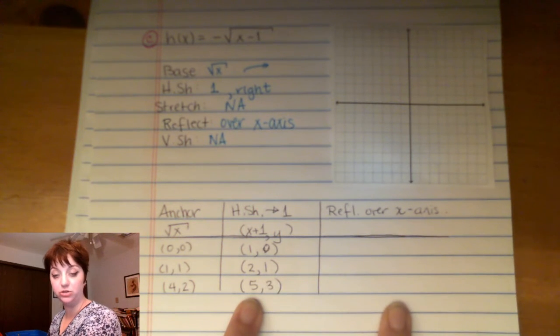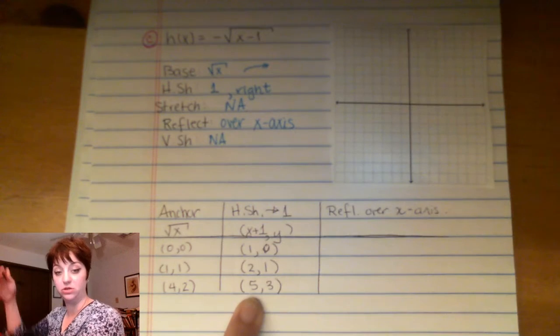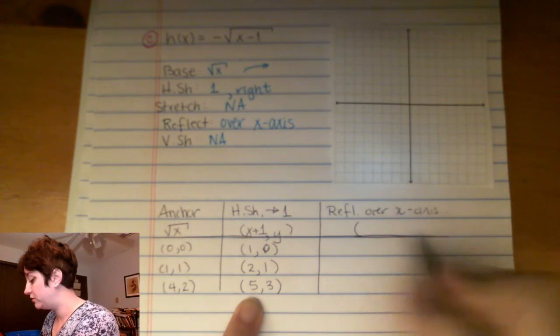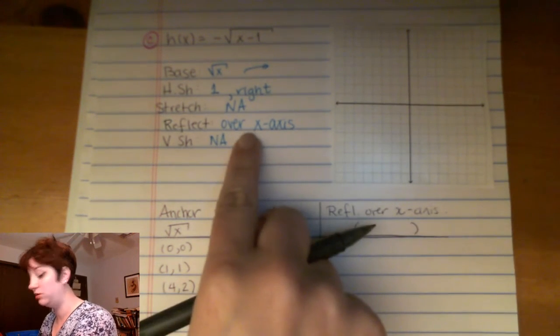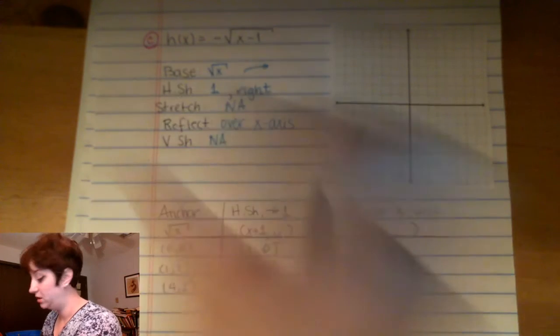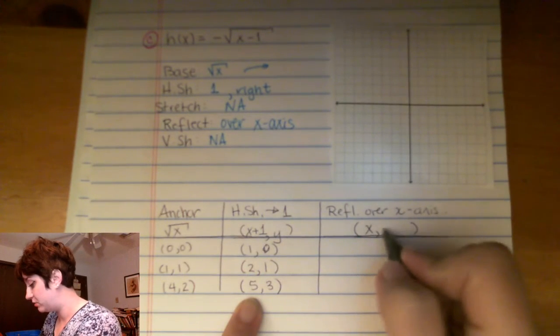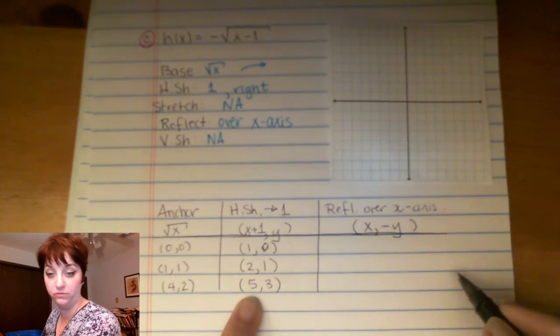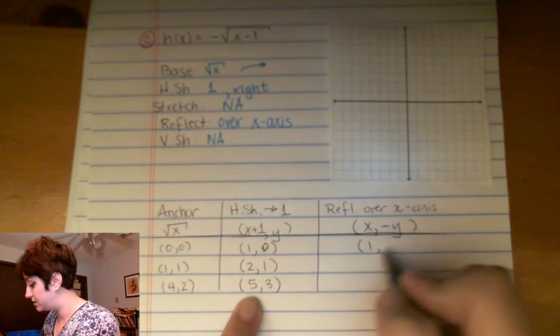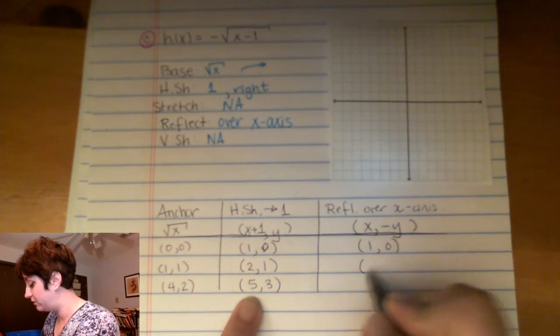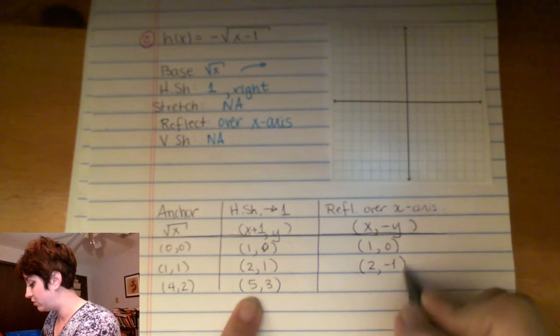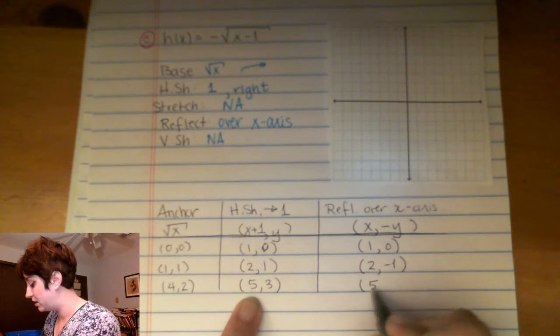Now I'm going to take these points and do my reflection. So I'm doing them sequentially. So if I reflect over the x-axis, this reflection was a negative on the outside. So x stays the same, y becomes negative.